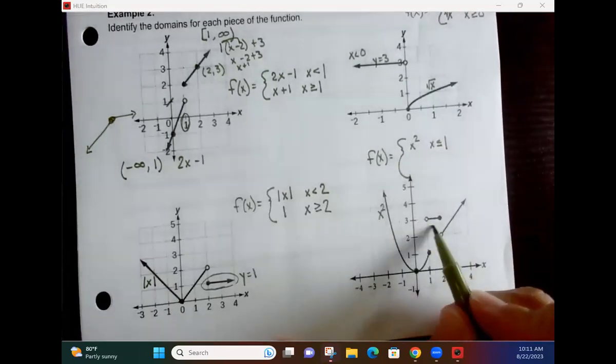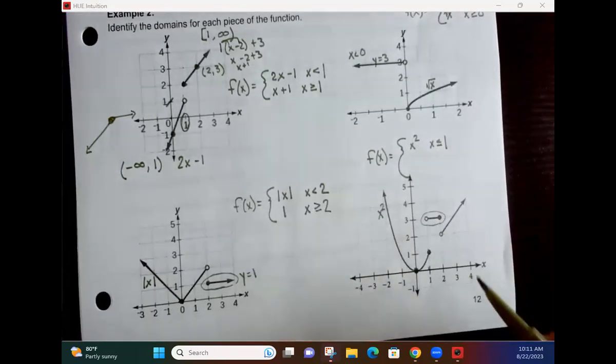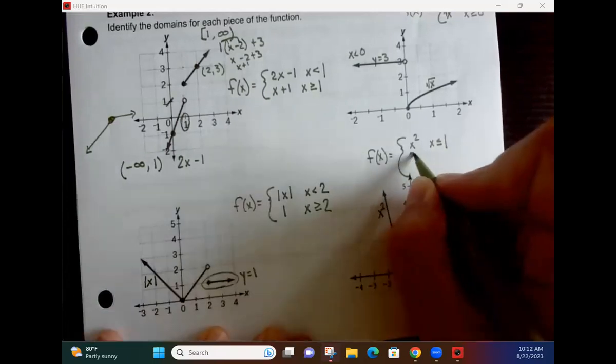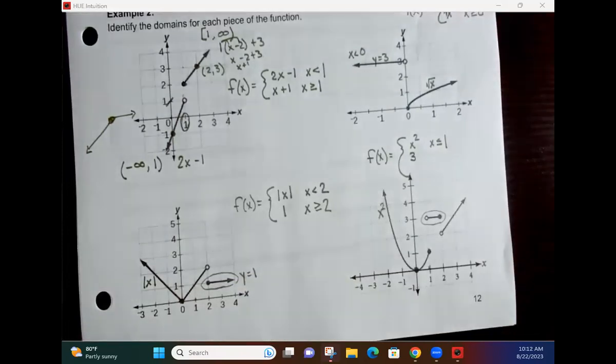And now the next piece of my domain, the next part right here, another horizontal line. Okay. What are we equal to there for that middle piece? Y would be equal to 3. And this one's a little tricky because it's not just x is less than or x is greater than, but x is defined between 2 values, right?